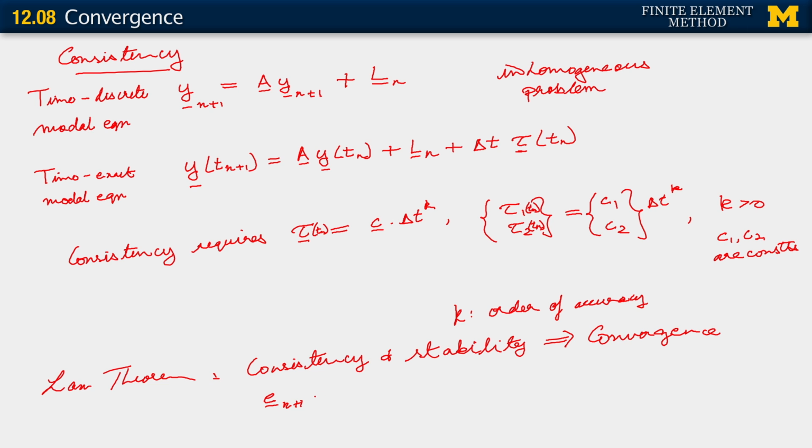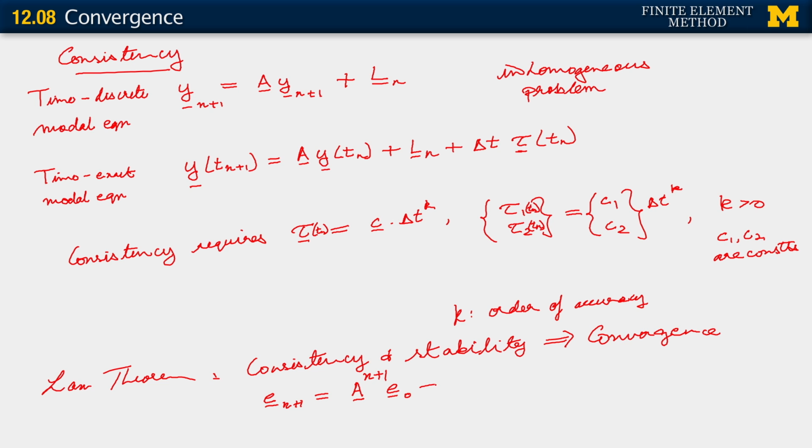Okay, so what we get is that E at n plus 1 equals A to the power n plus 1 times the error at time t equals 0. And the error at time t equals 0 is also a 2 vector because it has the error in the displacement and the error in the velocity.